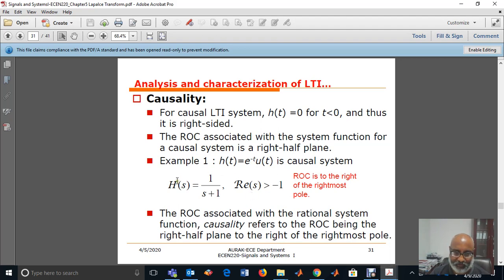So for this example, h(t) is e to the power of minus t u(t), and this system is causal. If I have a certain rational transfer function, then it is causal if the region of convergence is in the right half plane, to the right of the rightmost pole.